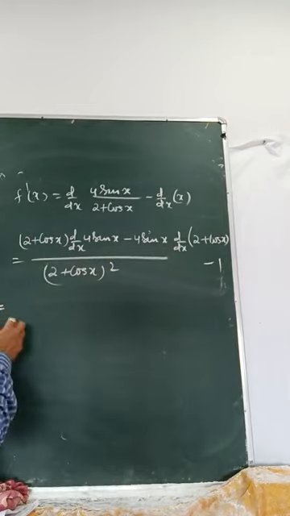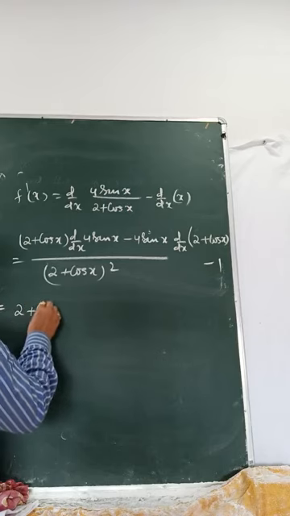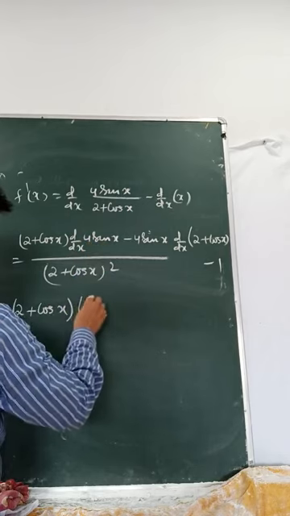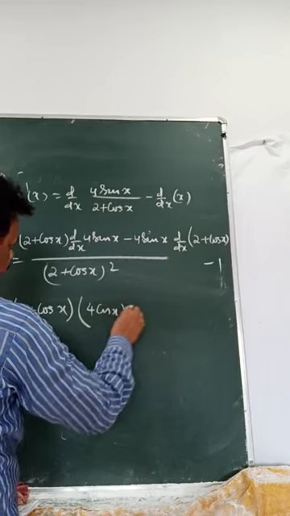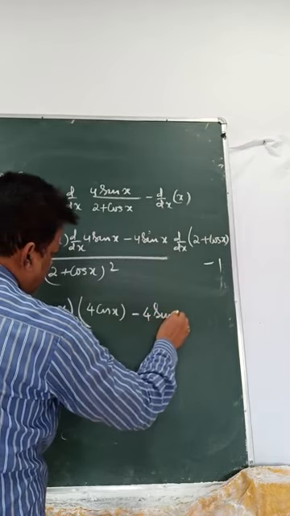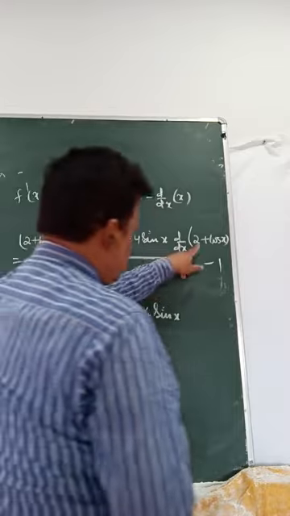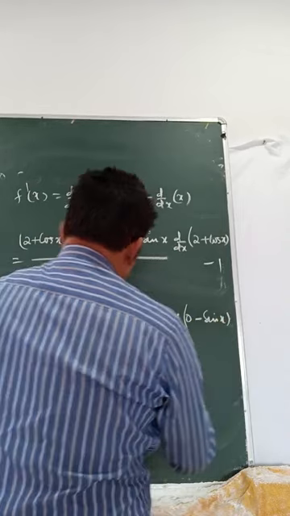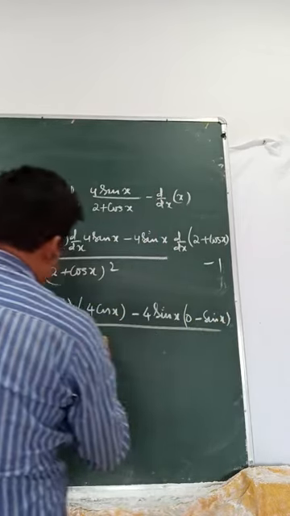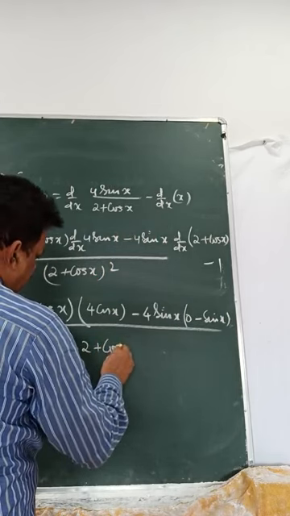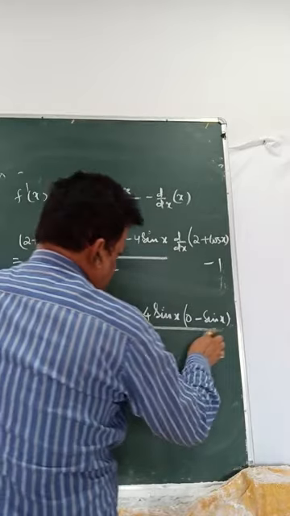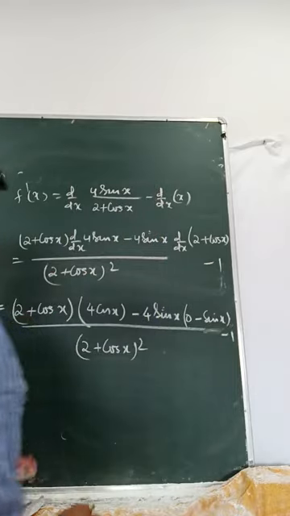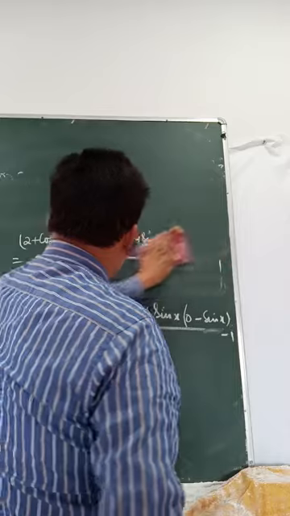So this is the same as 2 plus cos x. This is 4 constant, sin x derivative is cos x, minus 4 sin x, 2 constant 0 minus sin x, whole divided by 2 plus cos x whole square. So minus 1, this minus 1 here. Then what are we going to get?